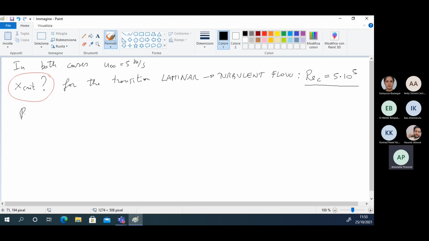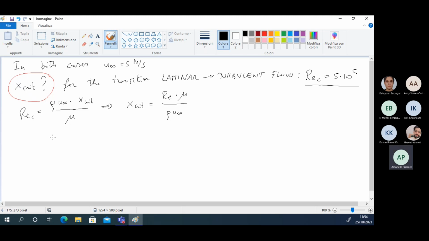So Reynolds critical is equal to rho U infinite times X critical, which is what I want to calculate. So I solve for X critical and I obtain that it is equal to Reynolds critical times mu divided by rho U infinite.